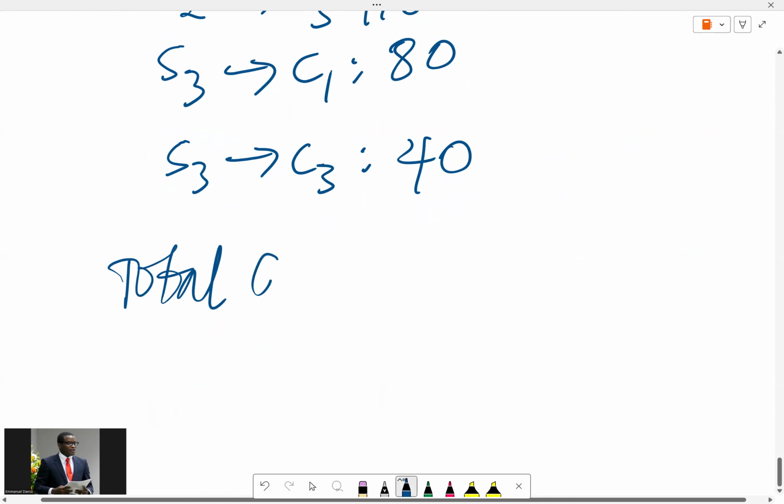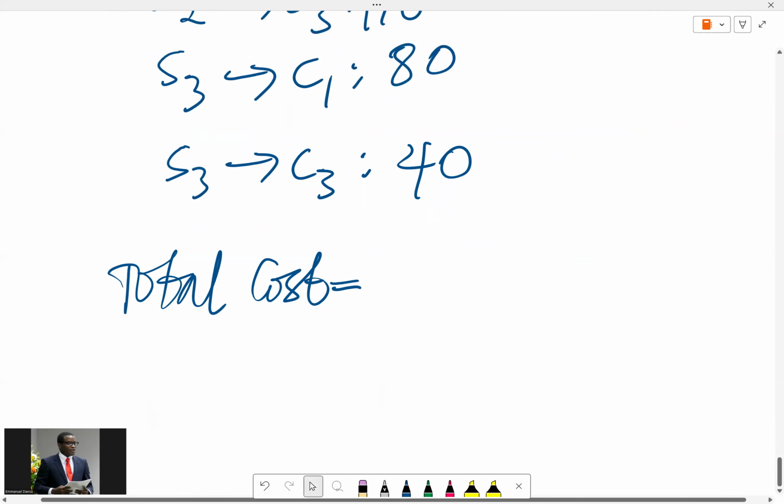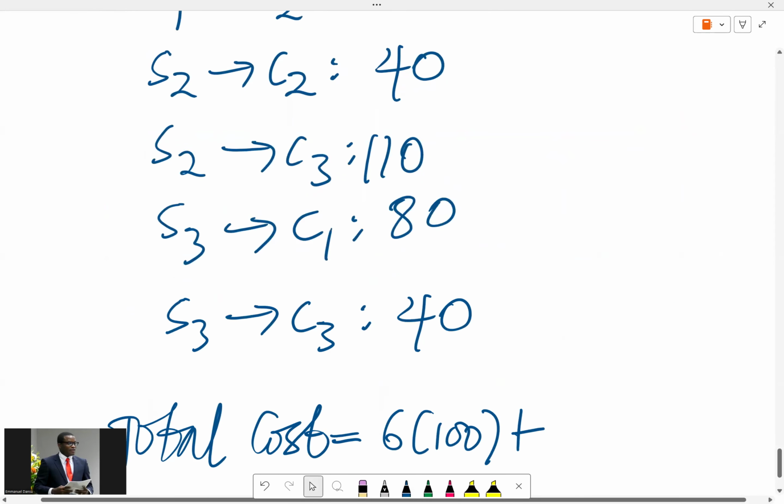The total cost now will be 6 times 100, that's the cost in that cell times 100.